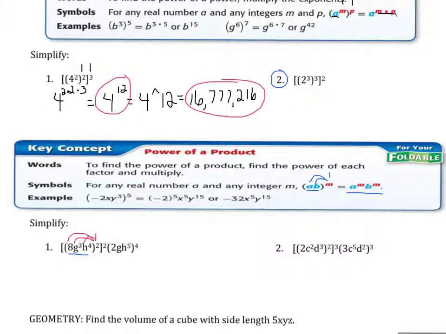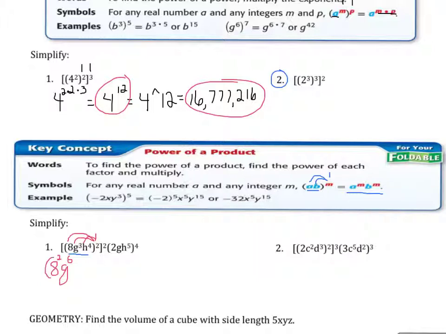I'm going to go ahead and do this first step, but we're going to keep it all in parentheses. So we have 8 to the second, g to the third raised to the second, so that's a power to a power, right? So we multiply those, and we have g to the 6th.